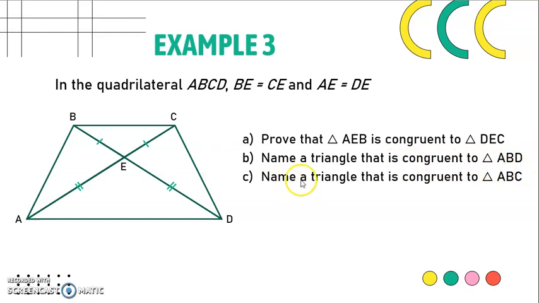And lastly, name a triangle that is congruent to triangle ABC. Okay, so please pause this video and try to solve example 3. Alright, so for B and C, try also to use the methods of proving triangles are congruent. Okay, once you finish, please submit your work to me.